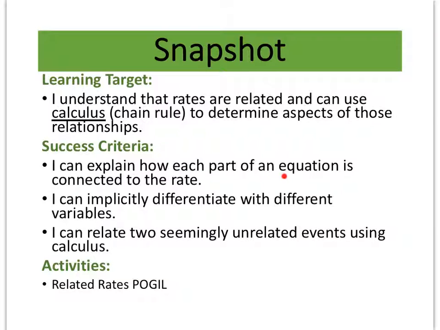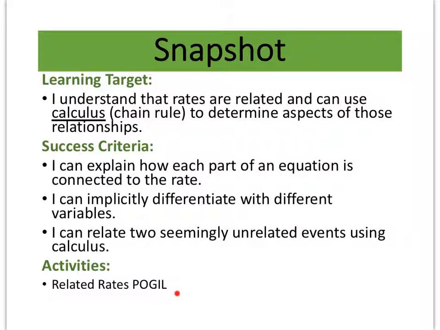So you can explain how each part of the equation is connected to the rate. There's lots of things going on and everything's connected to some rate. And you can implicitly differentiate with different variables. Before we implicitly differentiated with x and y, and now we're implicitly differentiating with t. And you can use two seemingly unrelated events and relate them using calculus.